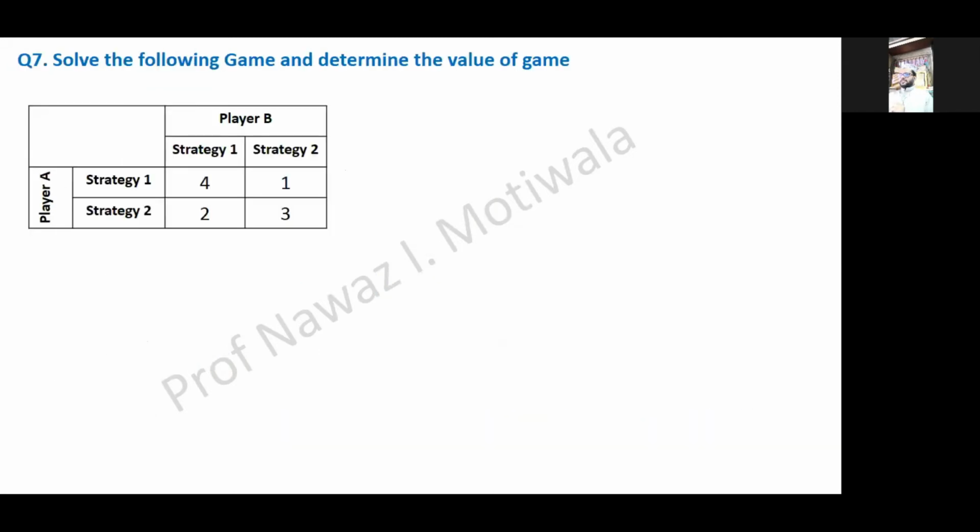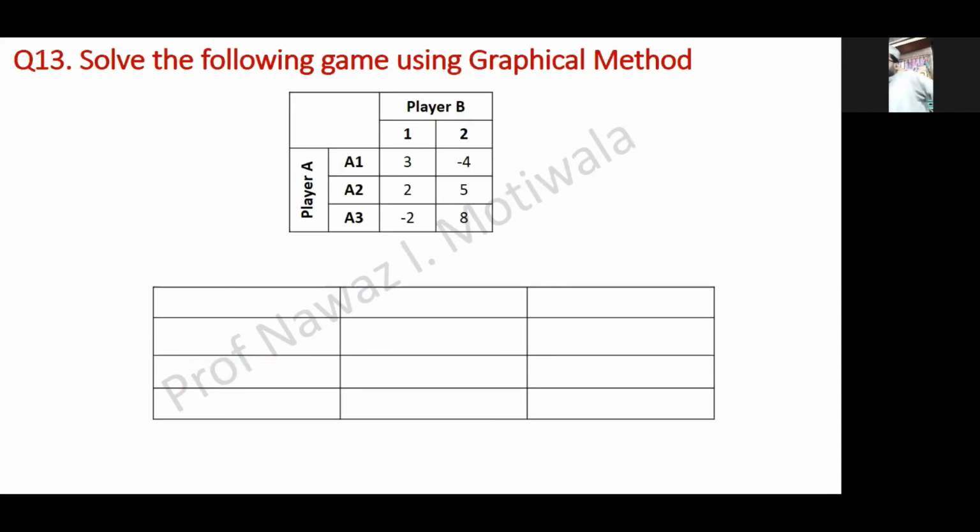Now I will proceed with our game theory part. As I explained, we can also find the value of the game by multiplying with the probabilities. So here I can say that the value of the game will be 3P1 minus 3P2 if I use this as P1 and this as P2.